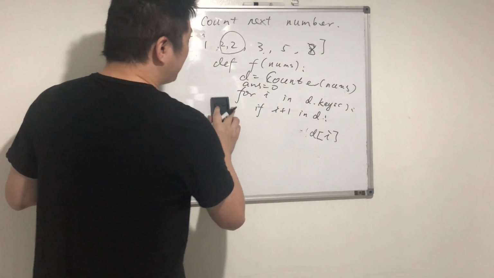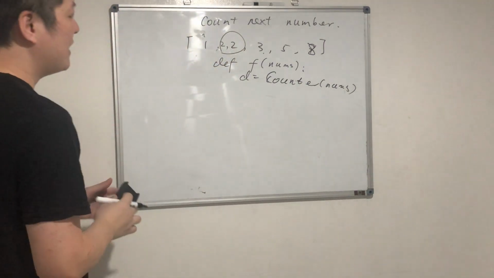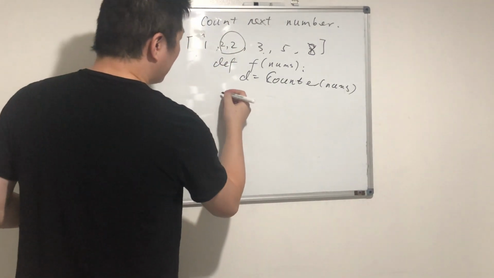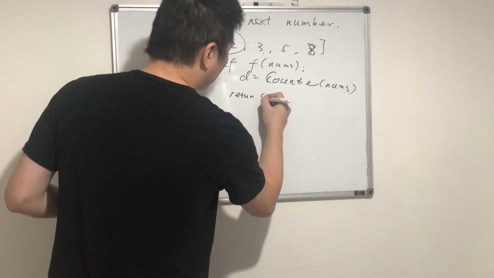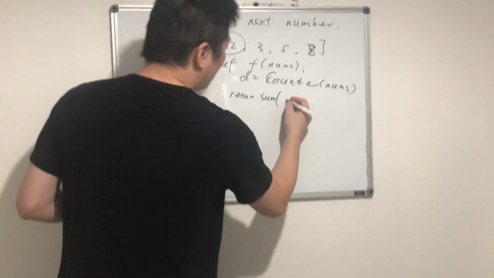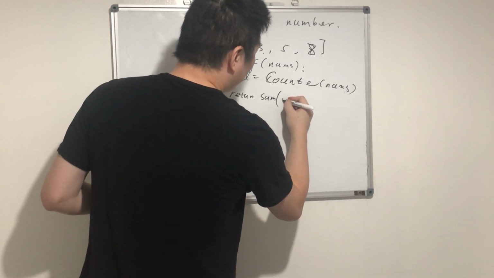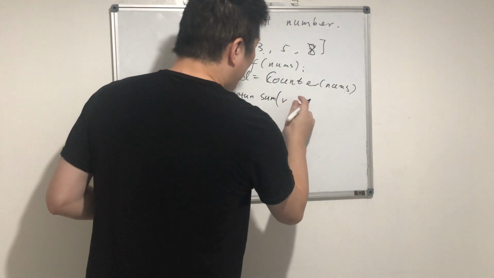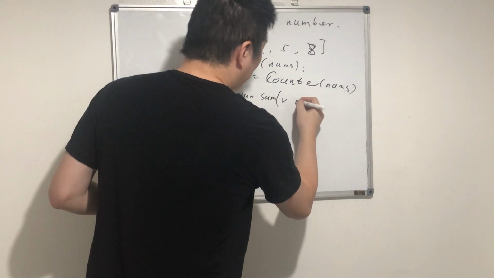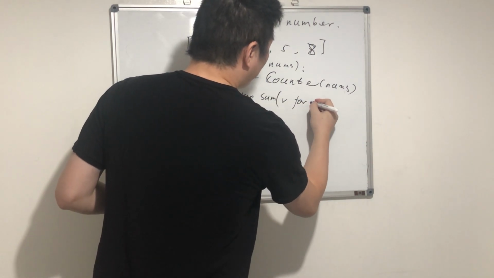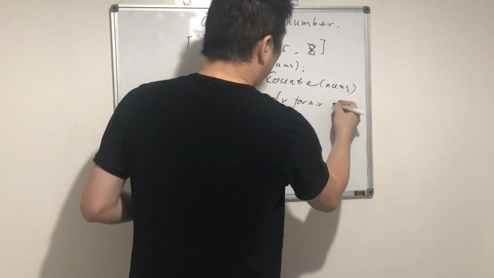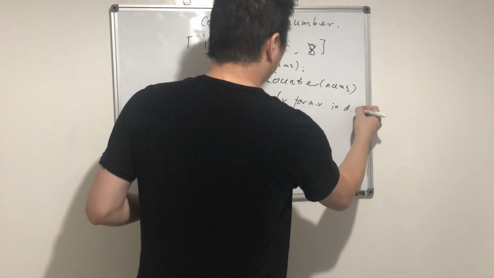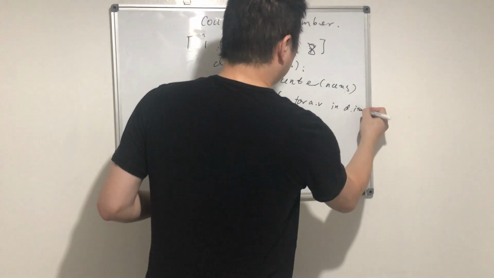And we can also use the sum object. So look, we can have a D, and then we can just do this return. Yeah, we want to sum this. Sum, yeah, sum V value, for K, V in D dot items.